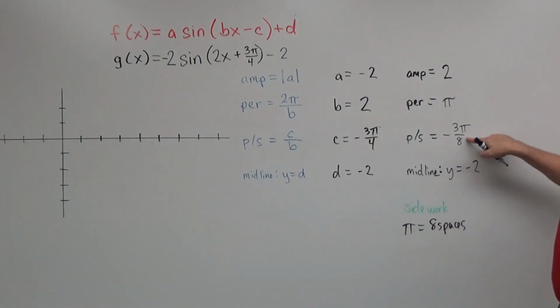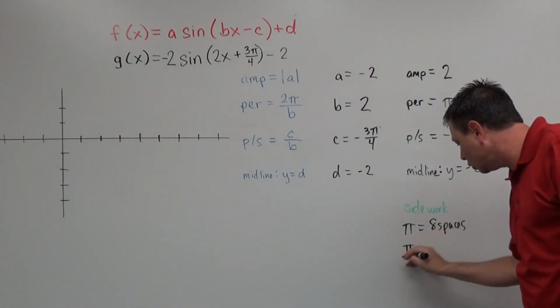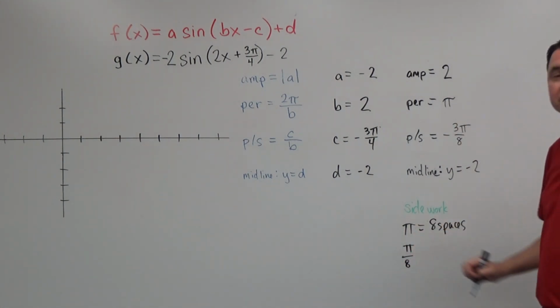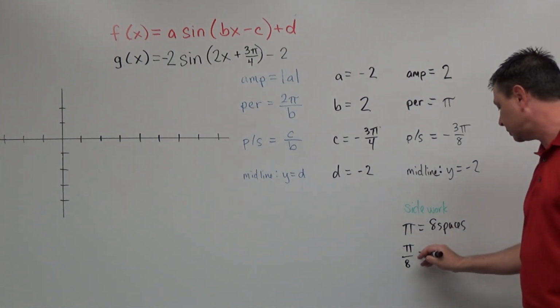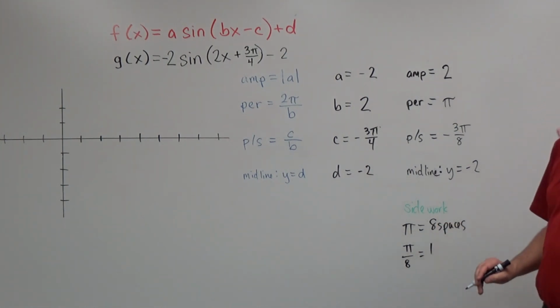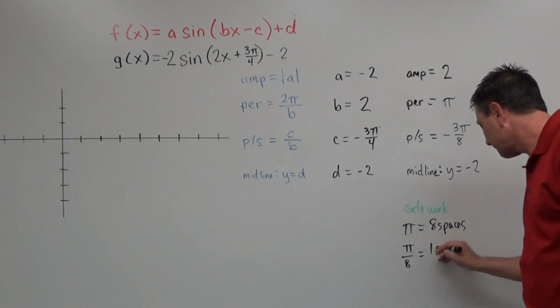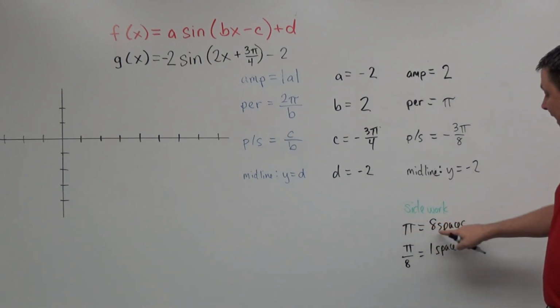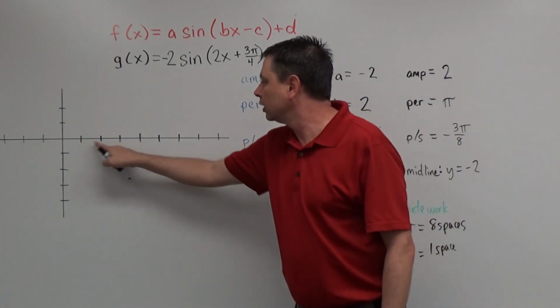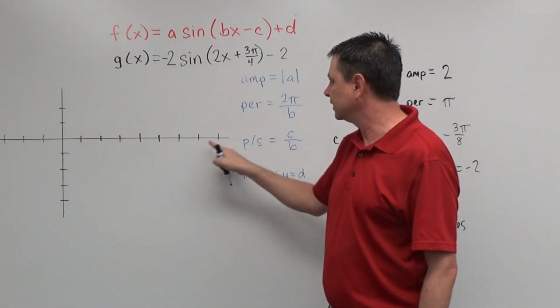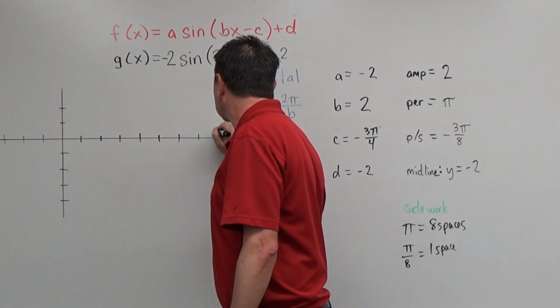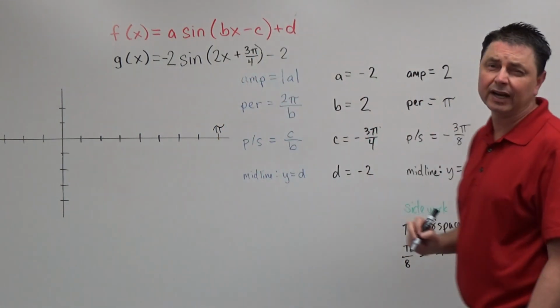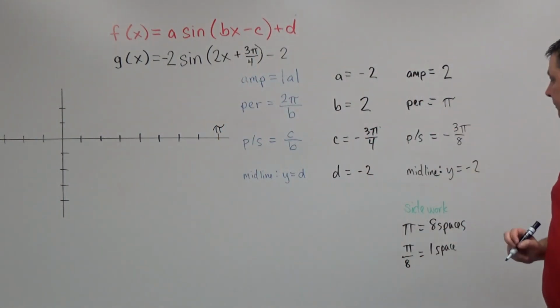So again, I need to figure out pi over 8, and if I divide the left side by 8 and the right side by 8, 8 divided by 8 is 1 space, that's a whole number. So we're good. So I need to mark pi at 8 spaces. 1, 2, 3, 4, 5, 6, 7, 8. Marked as my period pi.